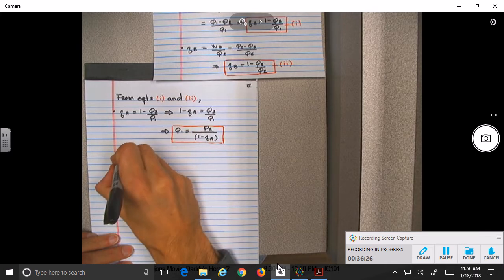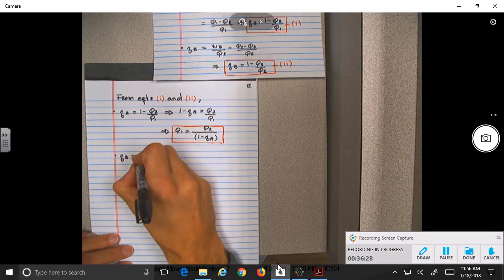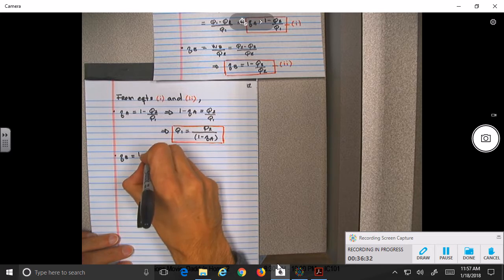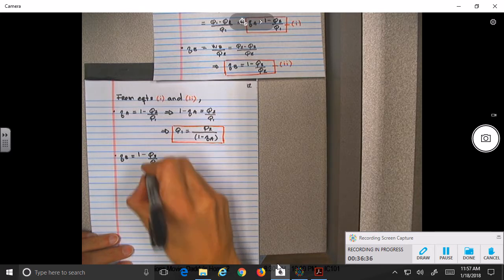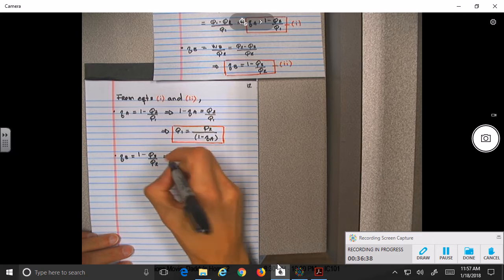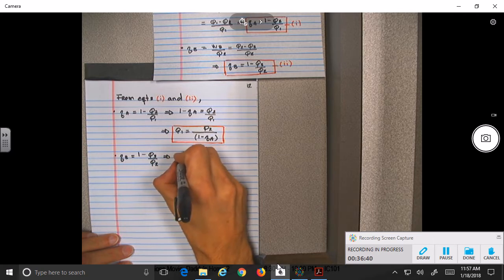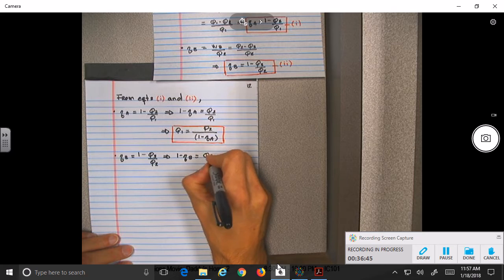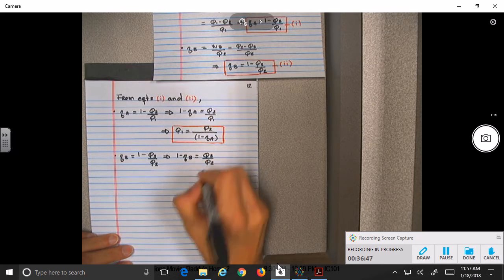If I do something similar with the other one, this will be equal to 1 minus Q3 over Q2. So this will give you 1 minus the efficiency of B equals Q3 over Q2.